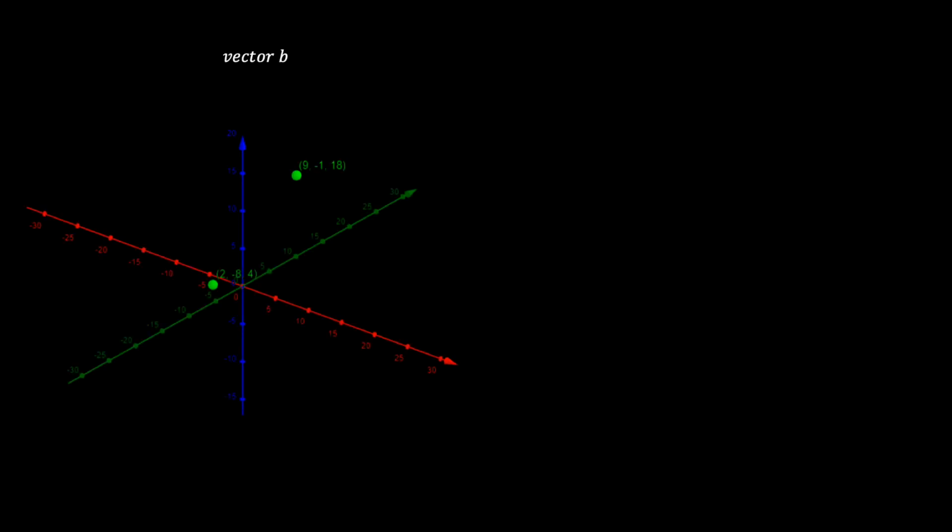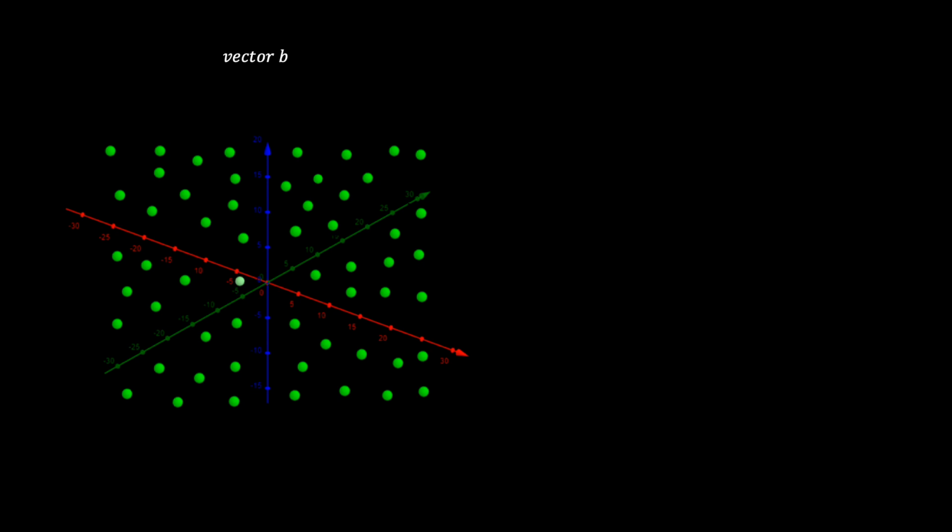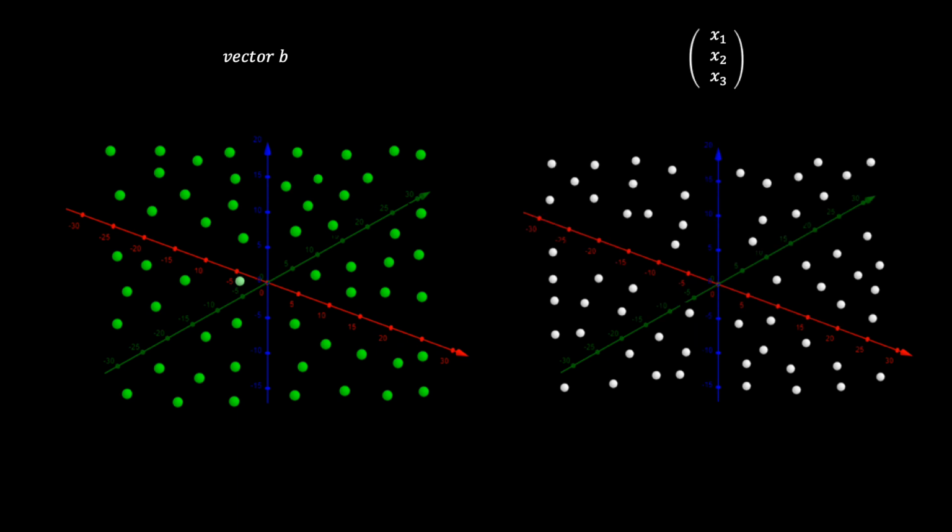If b is (2, -8, 4), we can find the corresponding vector (-1, -1, 2) to hold the equation. In fact, for any arbitrary vector in a three-dimensional space, we can always find a unique solution in the same space to hold the linear equation.